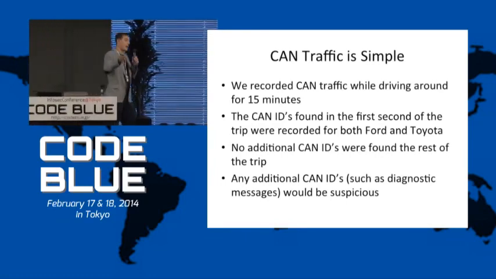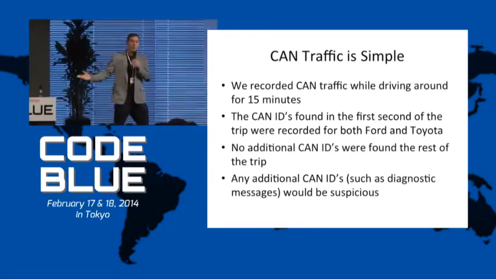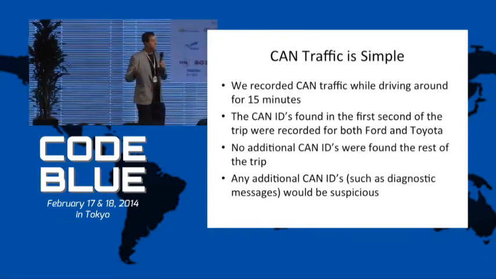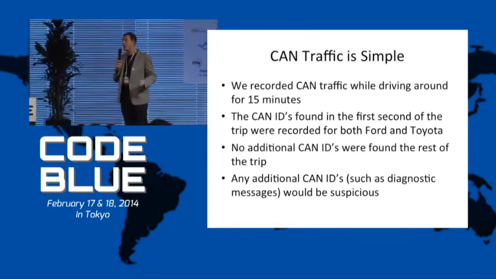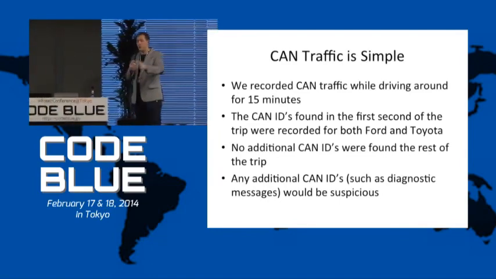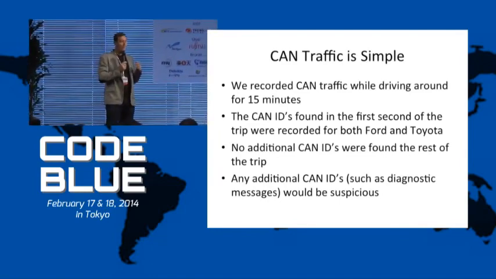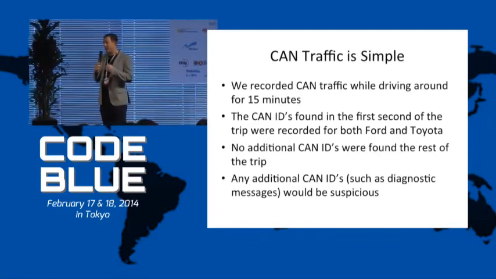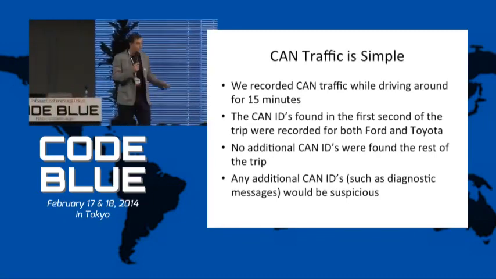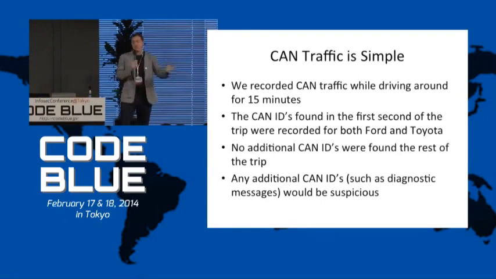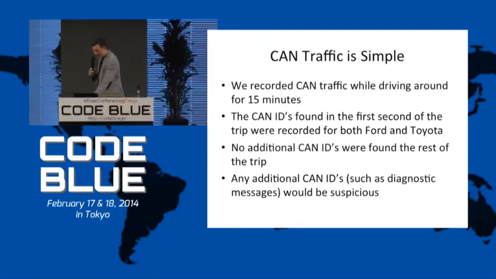And we did everything: pre-collision system, cruise control, everything like that. Cars really do have a baseline. The IDs that you see for driving are pretty standard. If you were to see a mechanics message pop through there, it would stick out instantly from the rest of the traffic that you see.